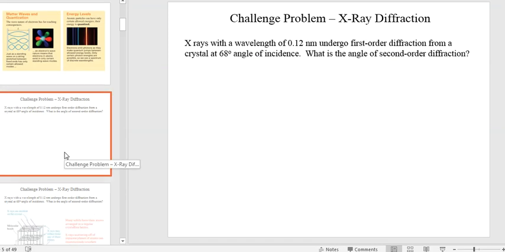Okay. So I'll just briefly go over an effect called X-ray diffraction. This shows up in the very first section of chapter 28. And what's important to notice here, the big overview picture, is what does X-ray diffraction actually tell us?